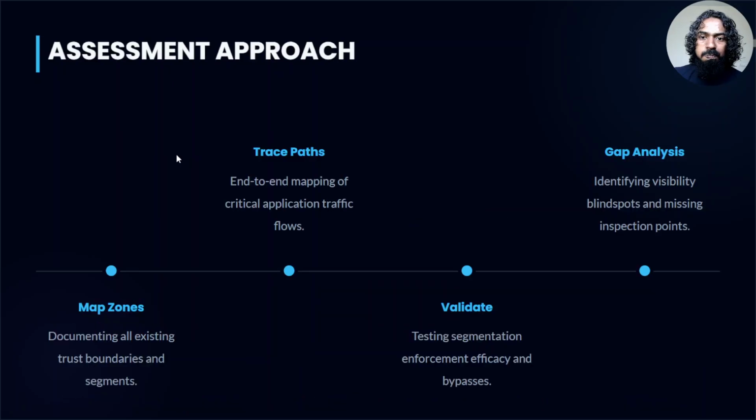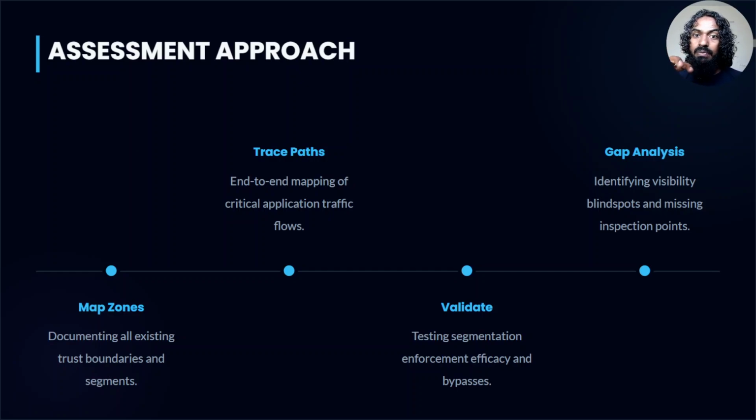Now, okay, this is my real-world process. During an assessment, we start with mapping all the trust zones, then trace the traffic path, right? Then identify your implicit trust, validate the segmentation and the enforcement, review your inspection coverage as we discussed, which layers have different types of inspections.